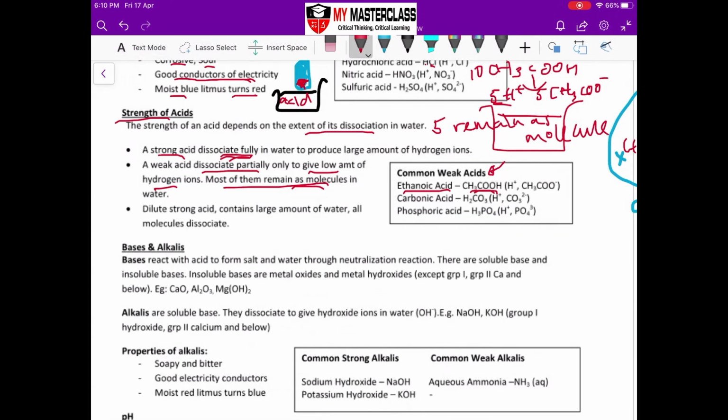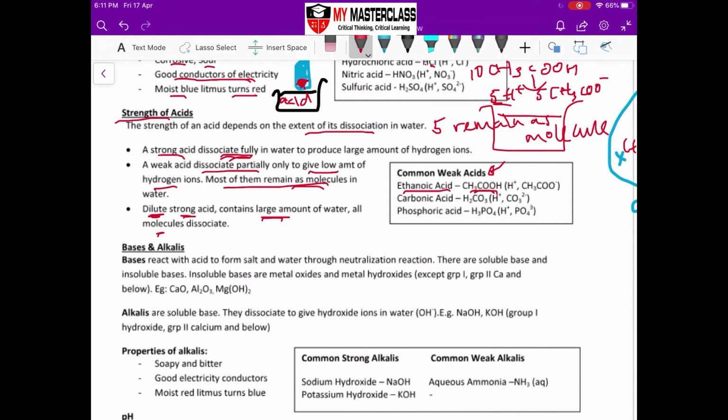Dilute strong acids contain large amount of water, all the molecules will dissociate. So I just want to let you all know the difference between dilute and strong and weak acid. Dilute just means I have a lot of water and then very little molecules.